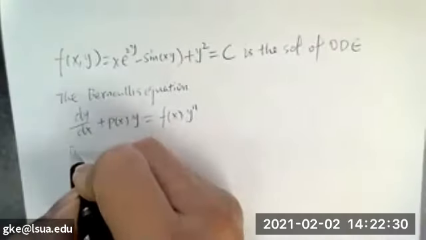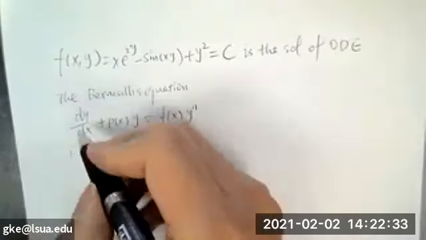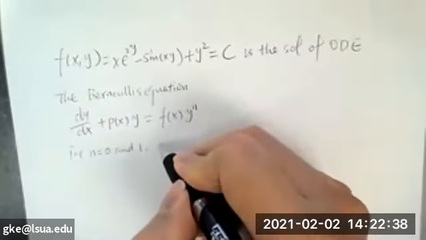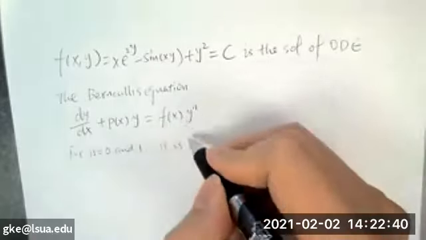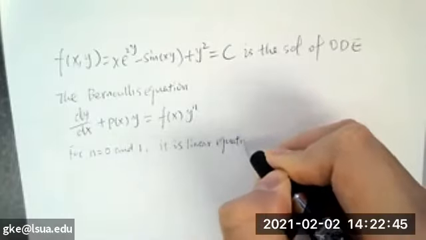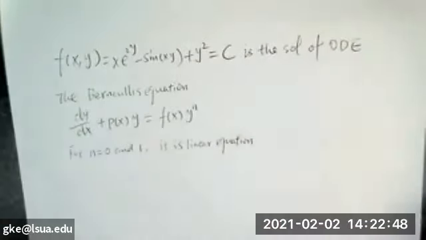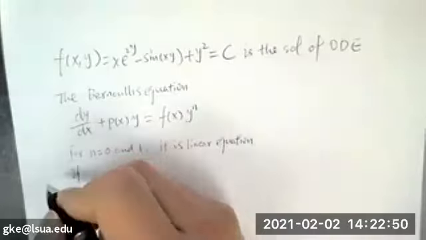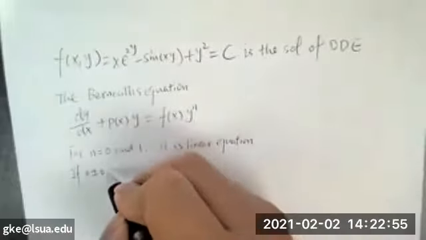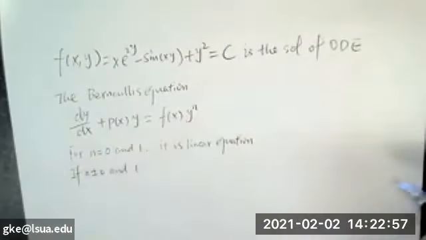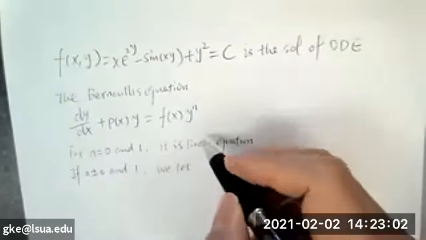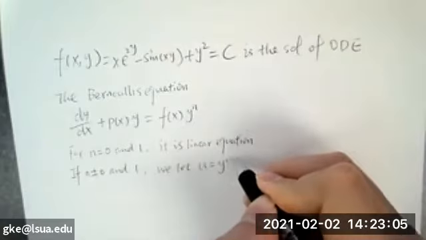Here, for n equals 0 and 1, it is a linear equation. It's a linear equation, right? If n doesn't equal 0 and 1, we let u equals y to the power 1 minus n.